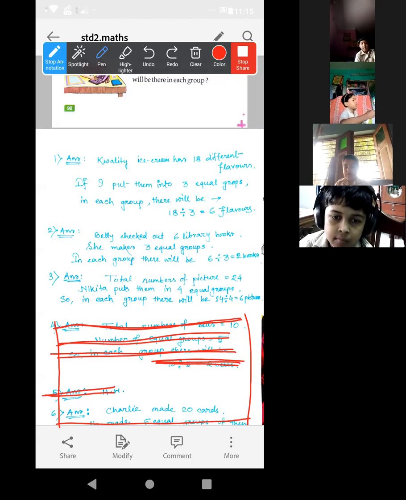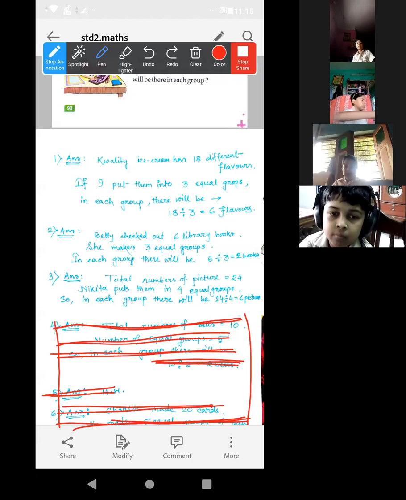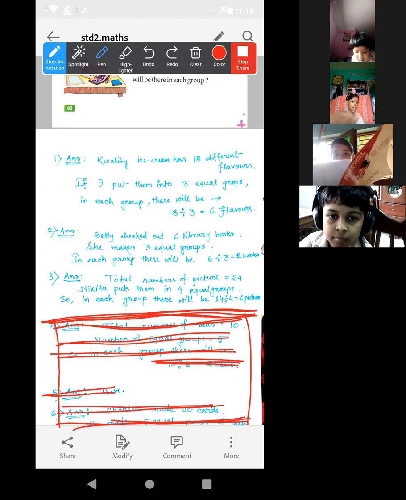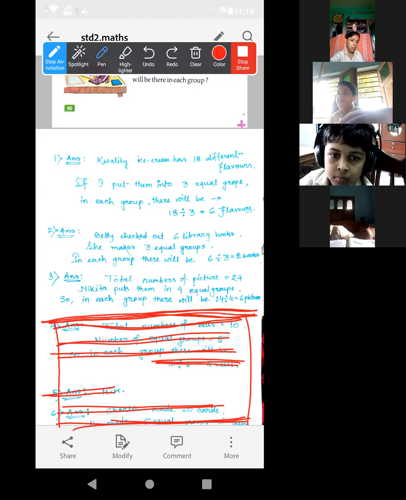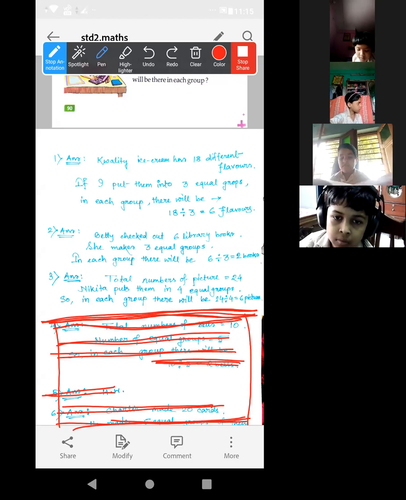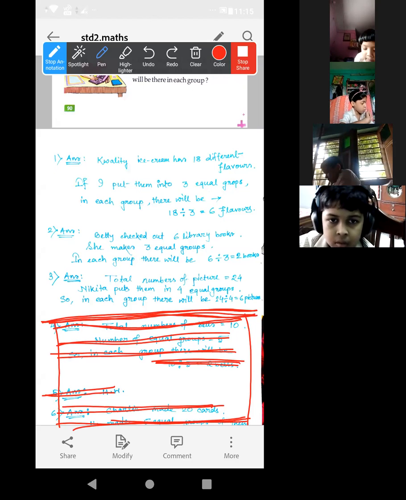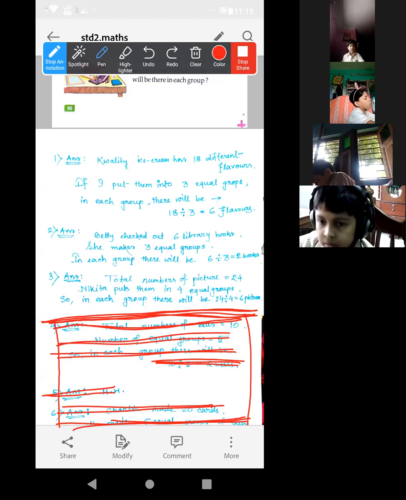Just up to this. Complete this. You can zoom in or out the screen accordingly. Is the screen visible to you? Yes or no? You can see the screen properly? Okay, good.